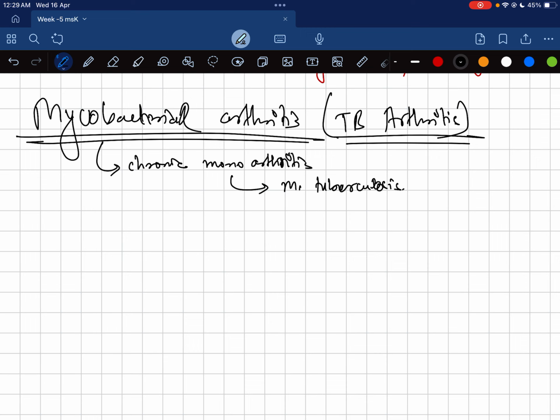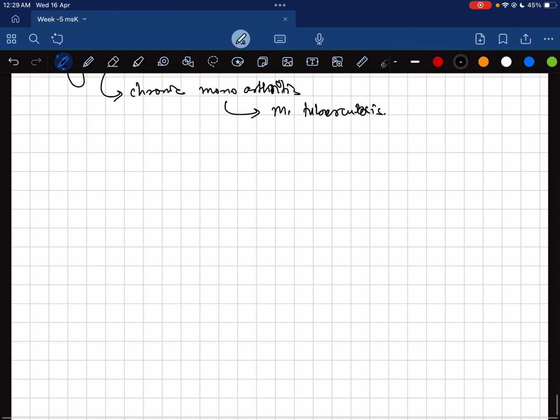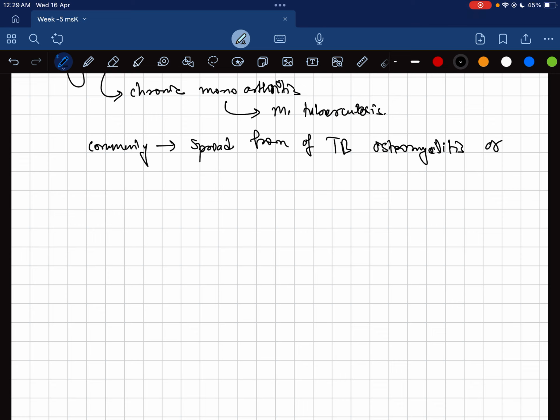It commonly spreads from TB osteomyelitis or by the hematogenous route into the joints.